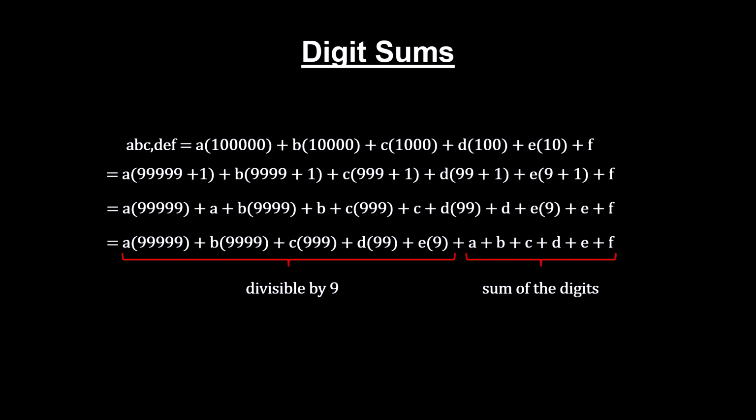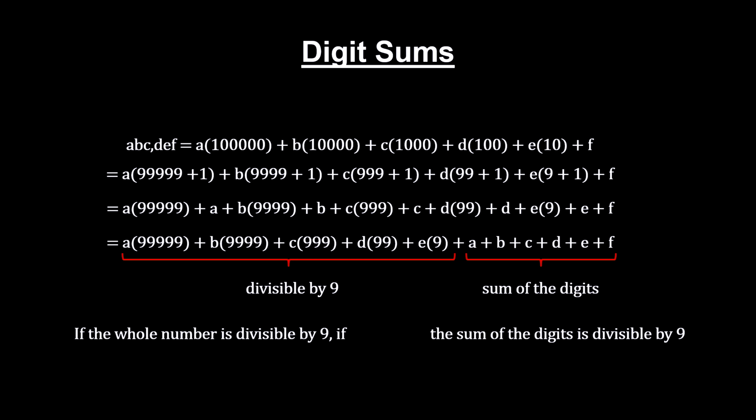So, if the sum of the digits in the second bracket is also divisible by 9, the whole number is divisible by 9. Furthermore, if the sum in the second bracket is not divisible by 9, then the whole number is not divisible by 9. By the way, the same thing is true for 3.